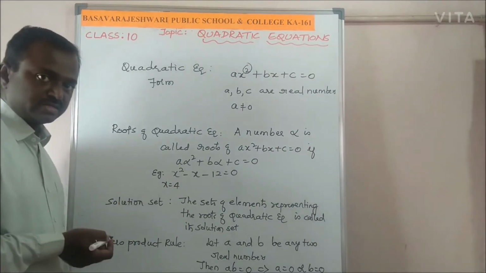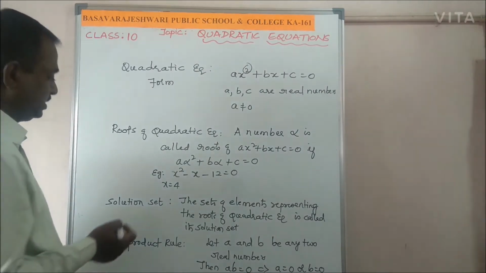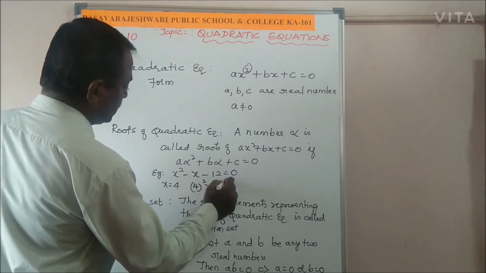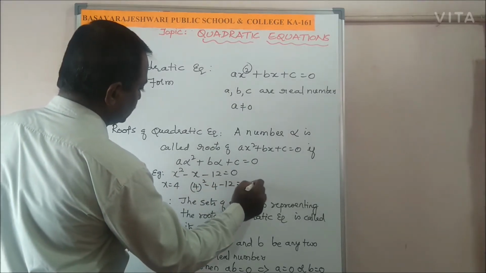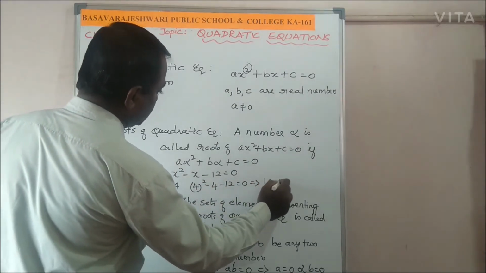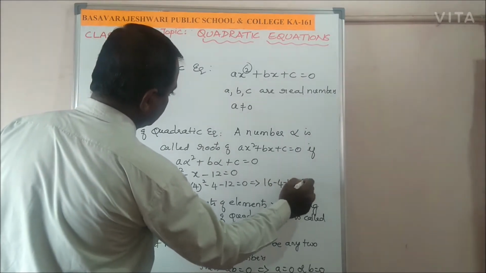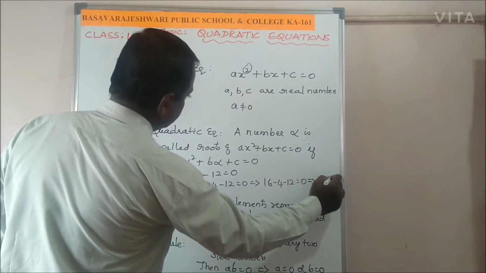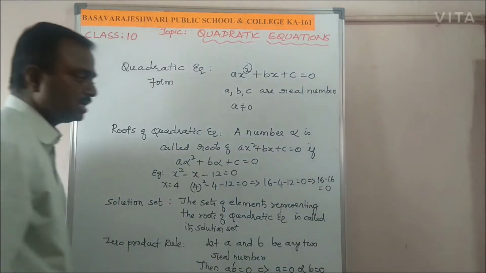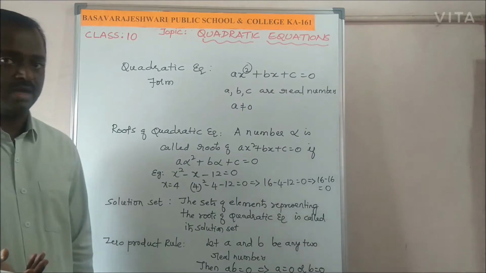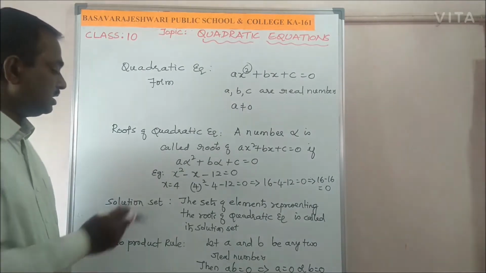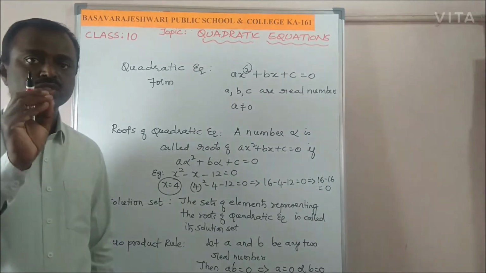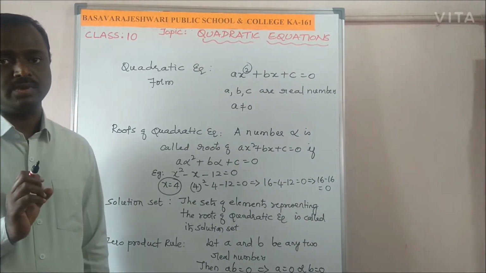Whether it satisfies the equation or not, we will see. 4 square minus 4 minus 12 is equal to 0. This implies 16 minus 4 minus 12, that is 16 minus 16, is equal to 0. That means LHS is equal to RHS, so this 4 is called a root of the quadratic equation.